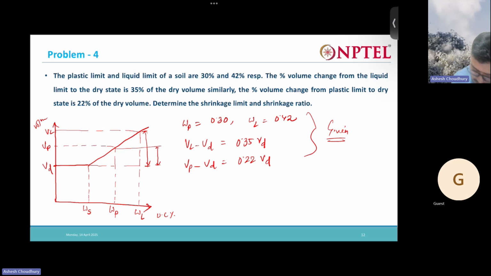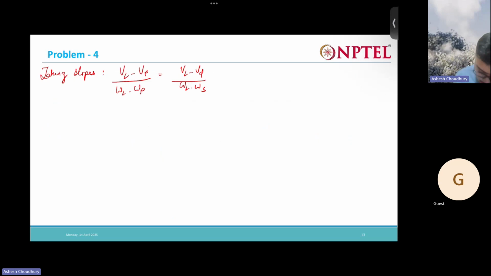So VL minus VP divided by WL minus WP equals VL minus VD, that is this bigger triangle, divided by WL minus WS. So the triangle slopes are equal. Taking the slopes, you can write this.